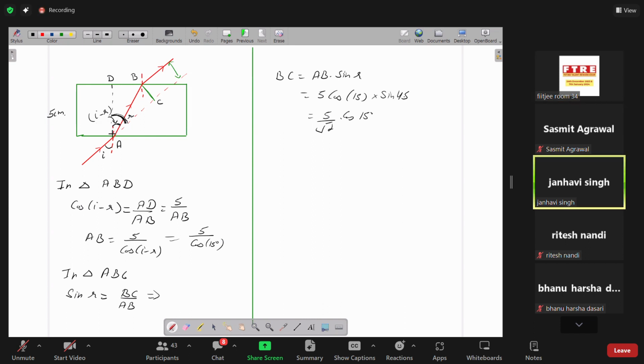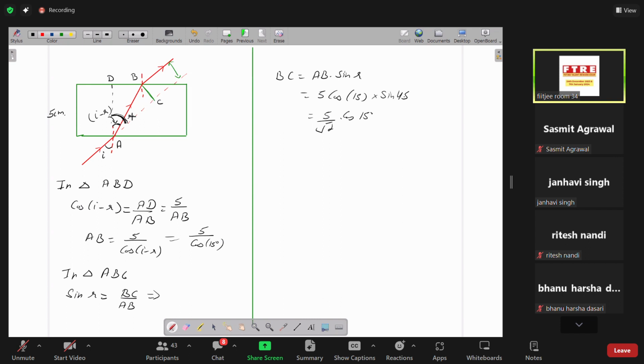Why did you take the dotted red line for the refraction? Again repeat, beta. Why did you add that dotted line for the angle of refraction of light? Like the angle which you have represented in triangle BAC.